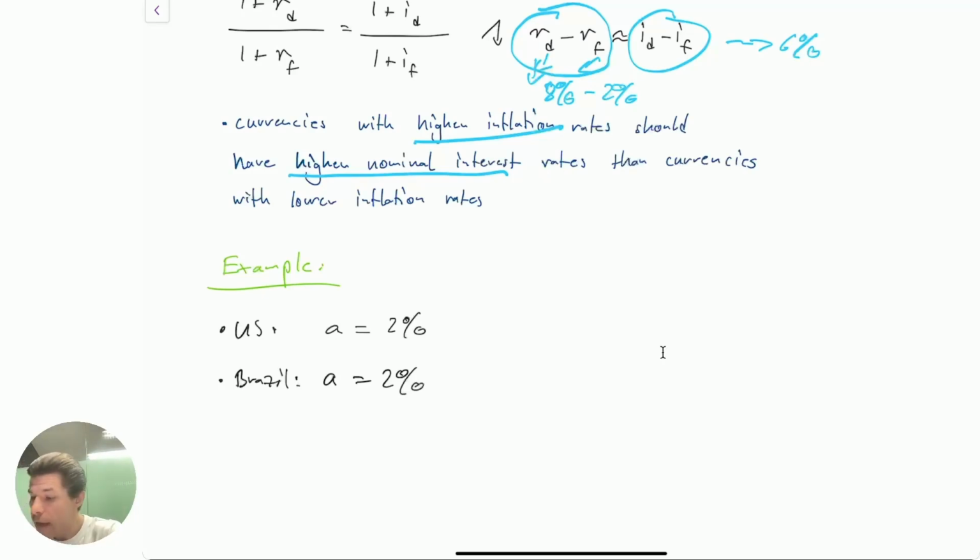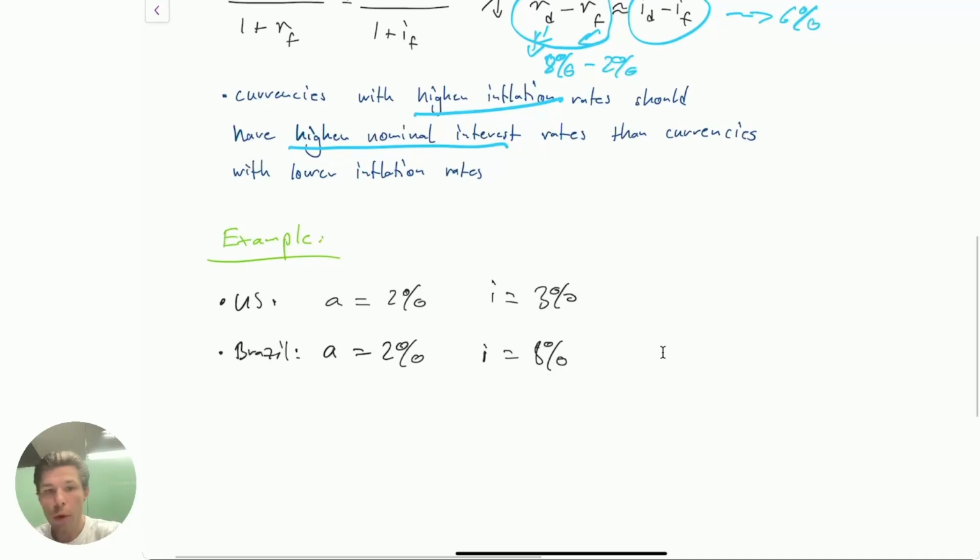So we assume A, our real interest rate, needs to stay constant. If we look at expected inflation, let's assume expected inflation in the US is 3% and in Brazil is 8%.